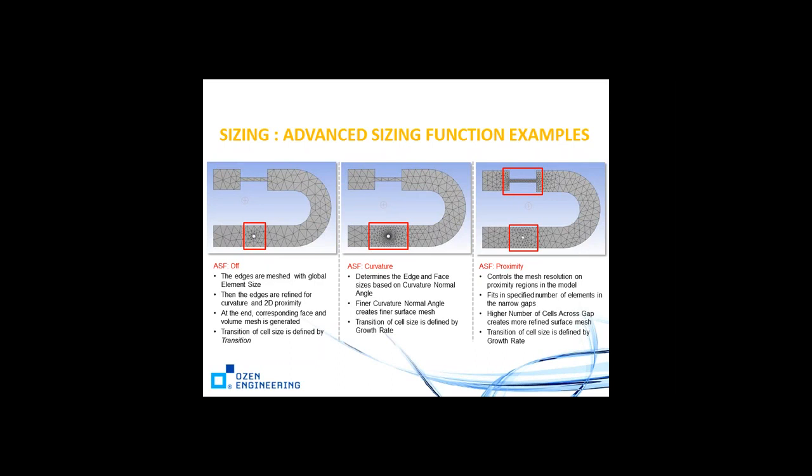The second region it will pay attention to is there, where there's a small feature in the proximity of other features. There's another option where you can turn on curvature and proximity simultaneously. Then you will get a mesh like this, with filling in over there and also filling in the top. So that's also available. For CFD problems, I would highly recommend using this advanced size function.